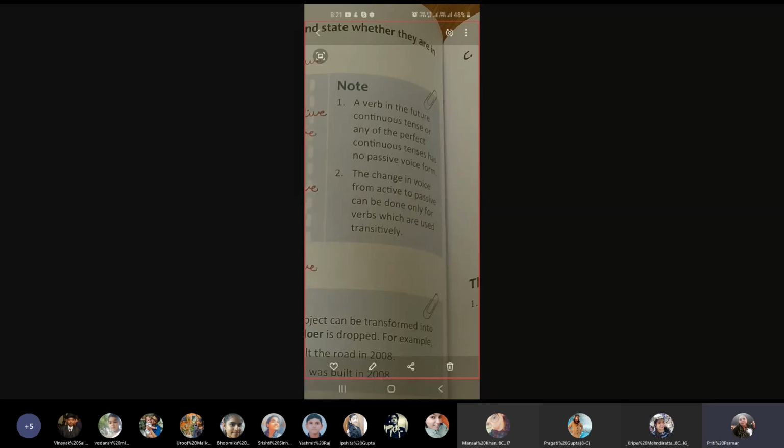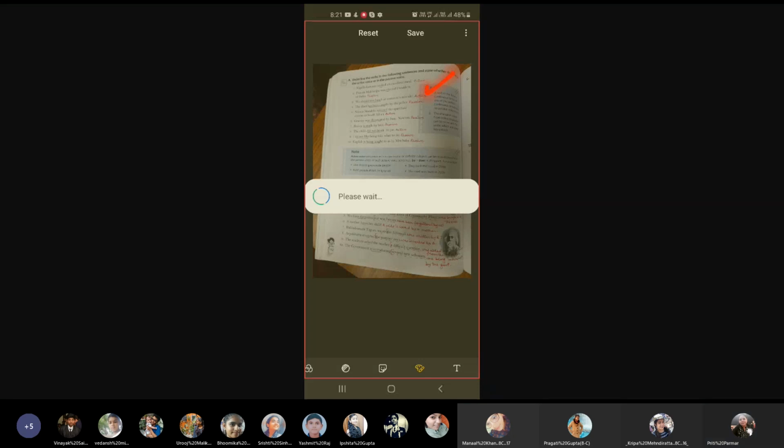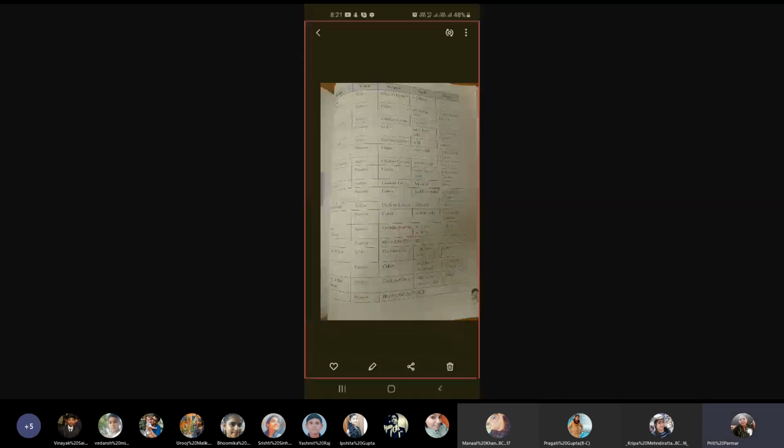So these two points again you will write in your copies, and you'll do this before you do Exercise A. That means you will do these two headings in your fair copies.